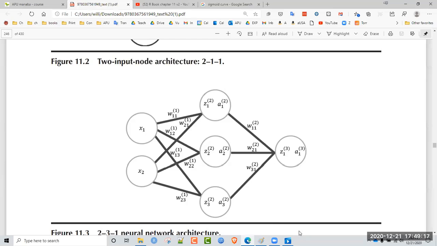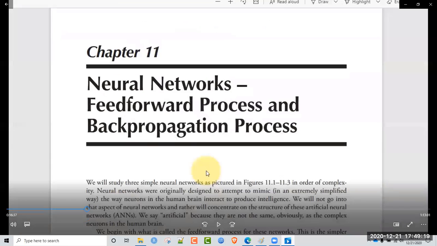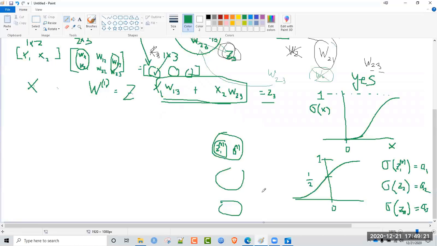Now, the point of this is that it's very important that our function not be linear. Now, sigma is not a linear function. You can see it doesn't look like a line. Okay, but actually, a calculation like this, x1 w1 equals y or equals z, that's a linear function.